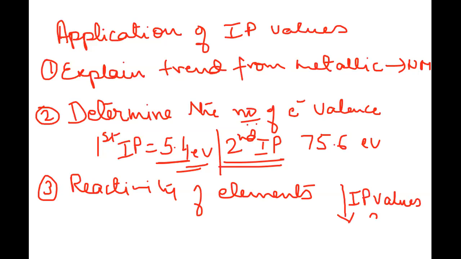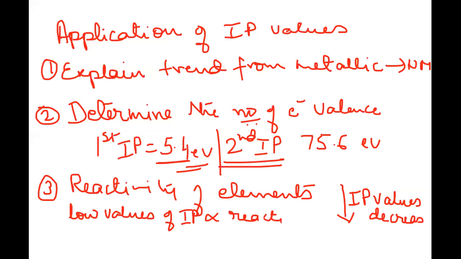That means the metallic character increases. If the metallic character is increasing, then we talk about it being more reactive. So in a way, we can say that low values of ionization potential are directly proportional to the reactivity.